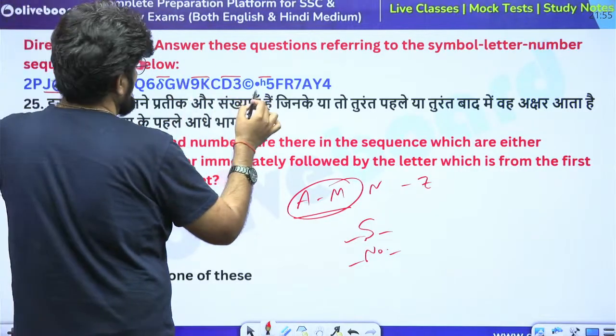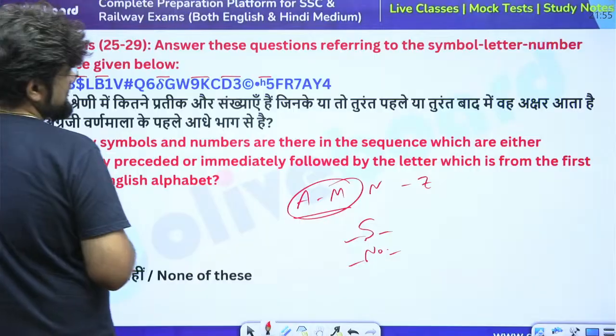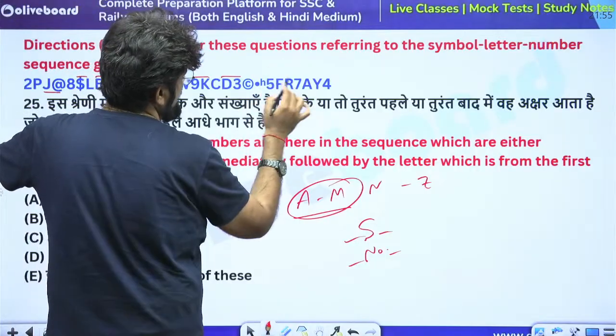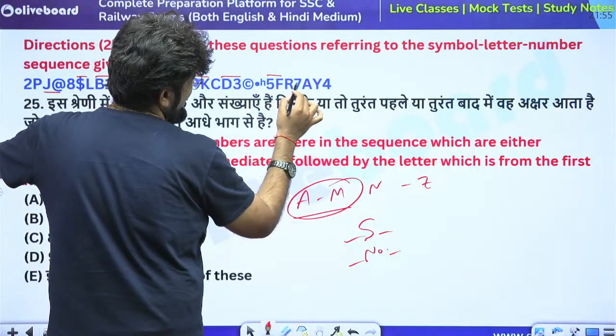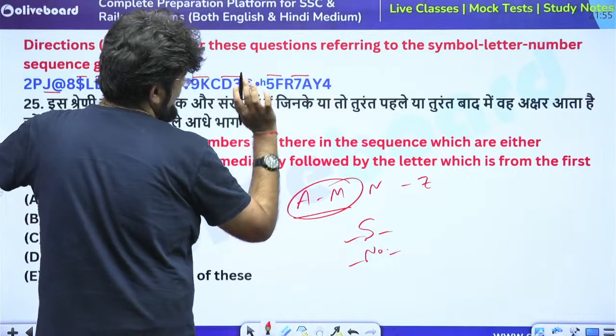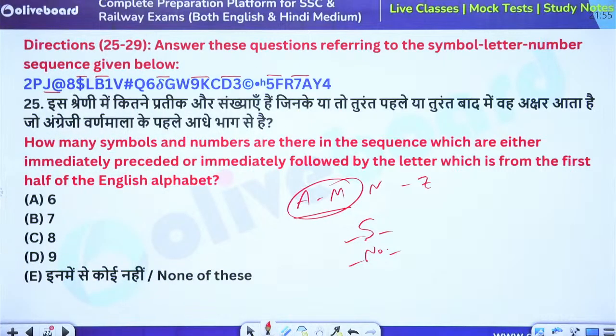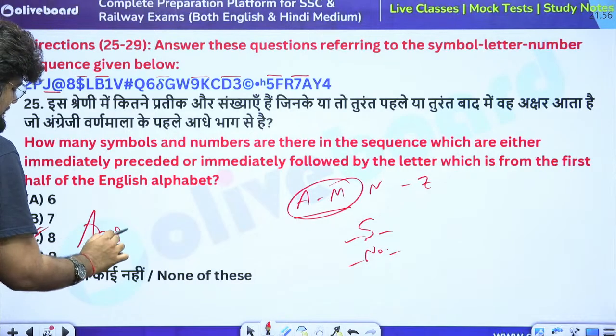I think it's H only. Shouldn't be a symbol, I believe. Or 5F also I can count, no. 7A I can count, and Y will not be there. So I can see 8 here, so option C will be my right answer.